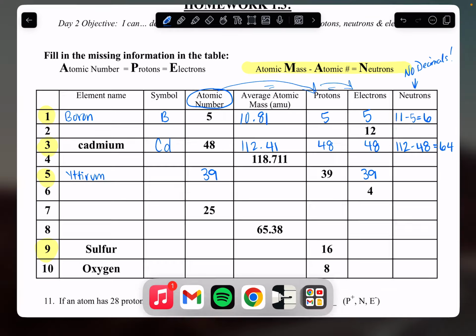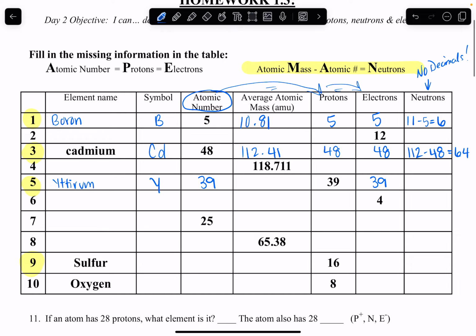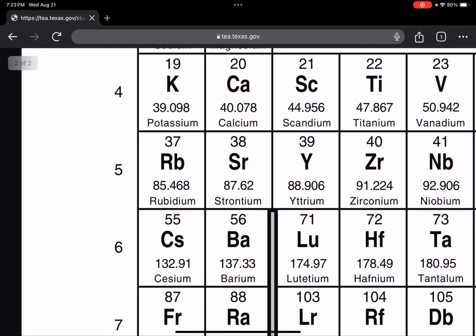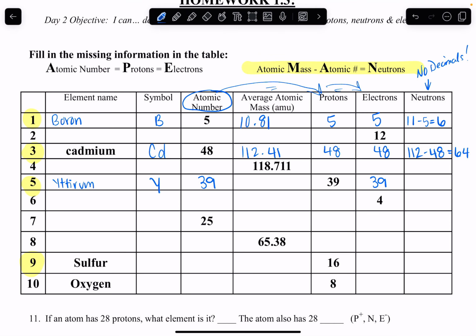Okay, its symbol is a big Y. All right, its mass, I didn't look at that, is 88.906. So my mass will round to 89 minus 39, which is 50. 50 neutrons.